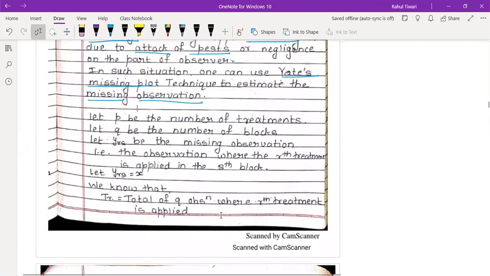So what are the assumptions we are using here? Let P be the number of treatments and Q be the number of blocks, as usual.